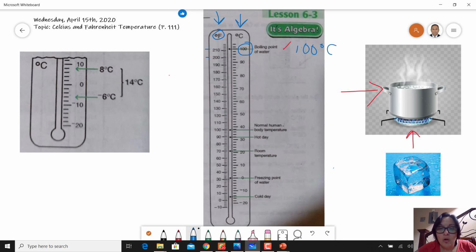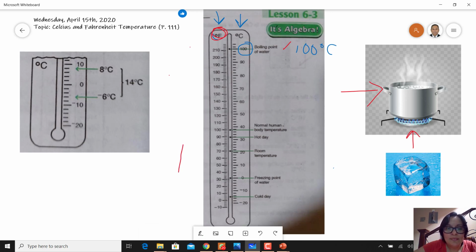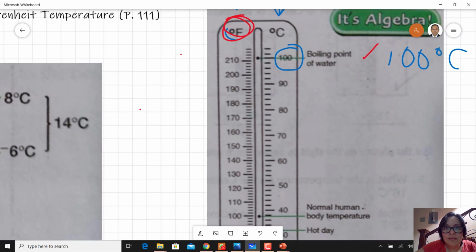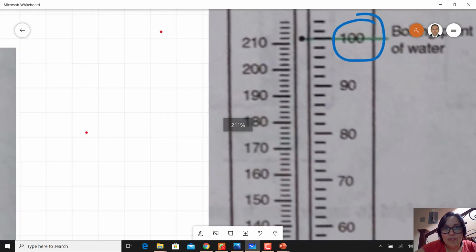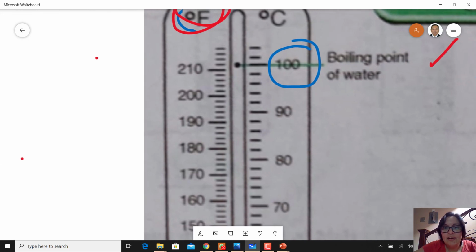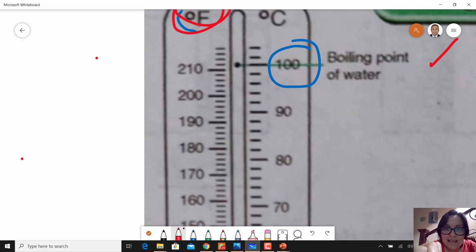So, knowing that, how many degrees in the Fahrenheit scale is the boiling point of water? Let me see if we can do this one closer. Okay, here we have, look, here you have the boiling point of water. The line is exactly in here. That is the boiling point of water. In Celsius degrees is 100, but in Fahrenheit degrees is how many?